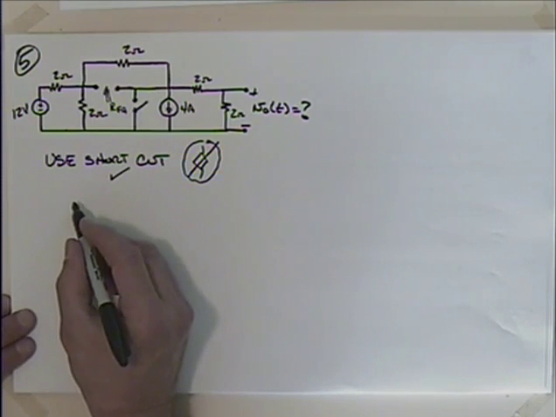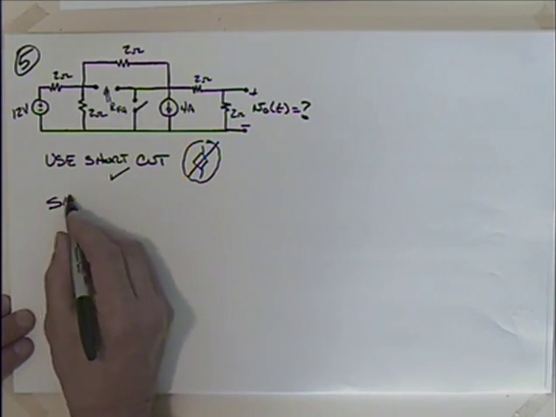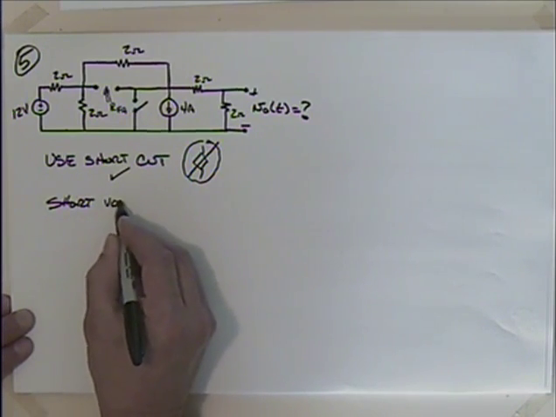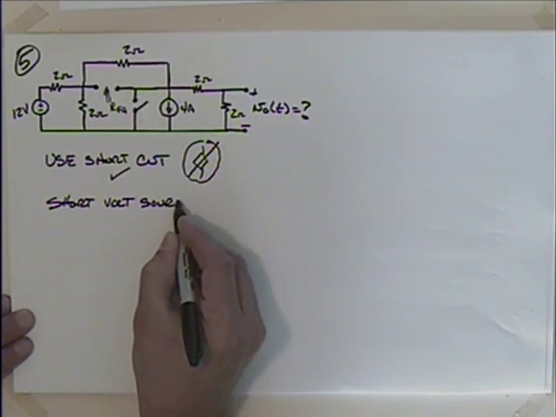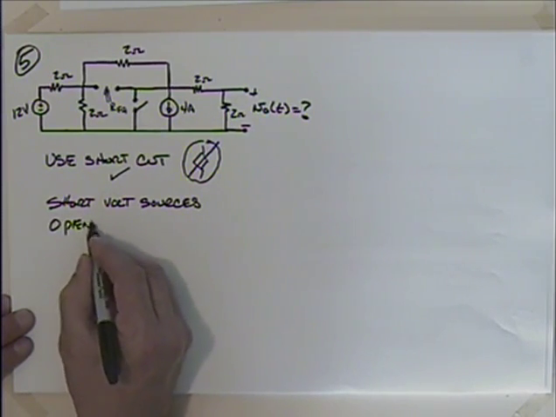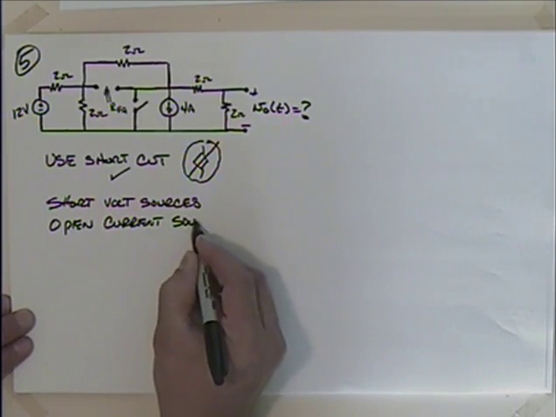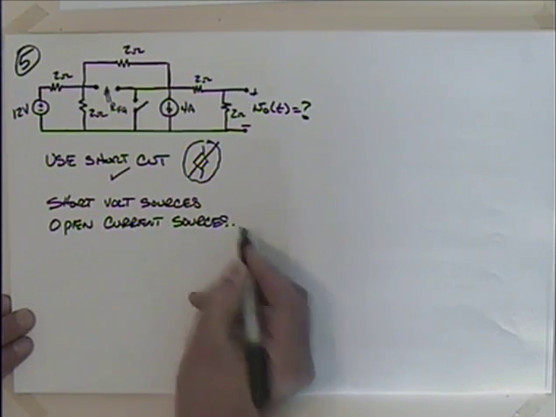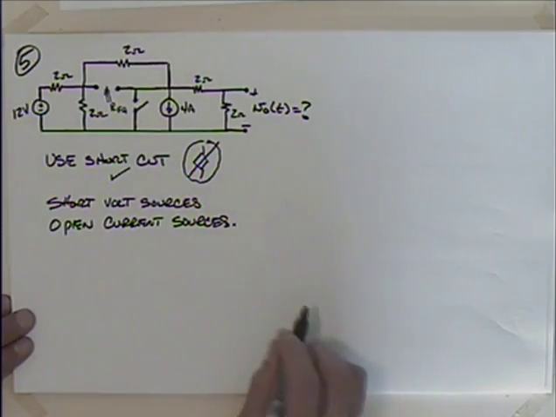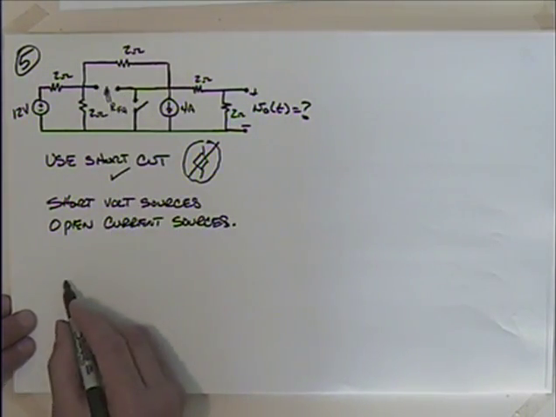Well, using the shortcut, we're going to want to do what? Short voltage sources, open current sources. And then look back into the terminals. This is where the inductor was. We'll look back into those terminals, right?